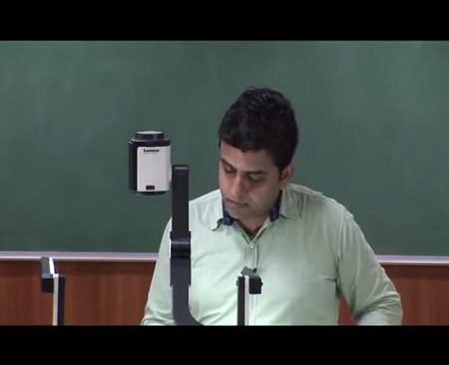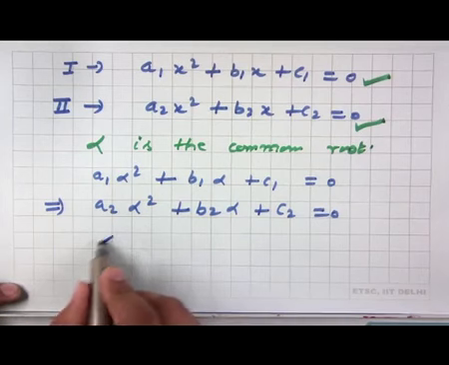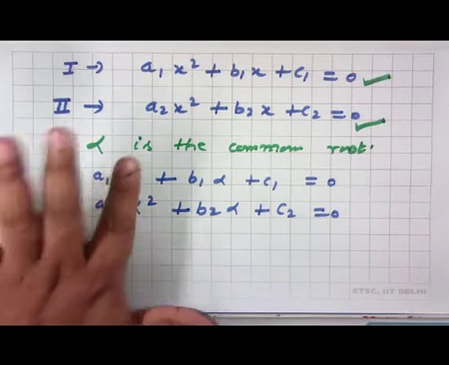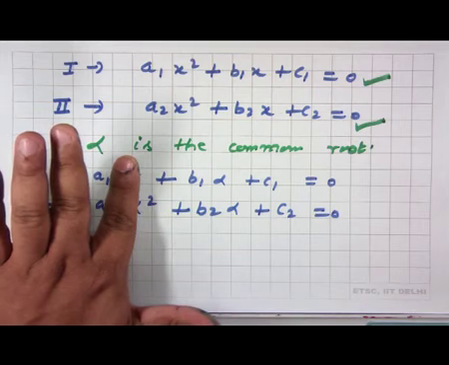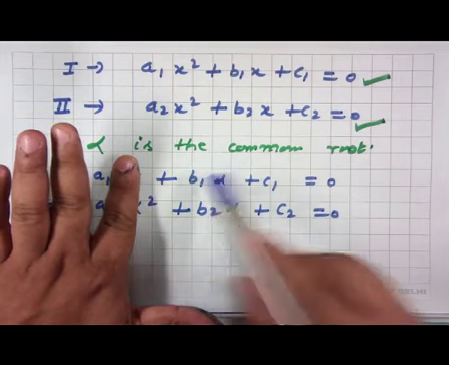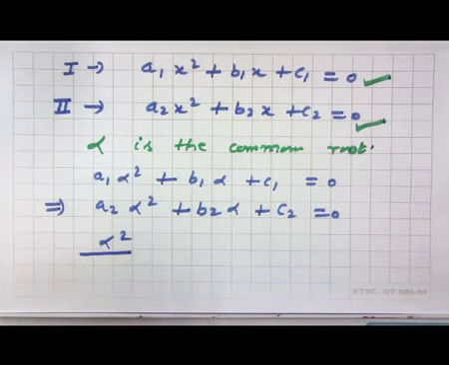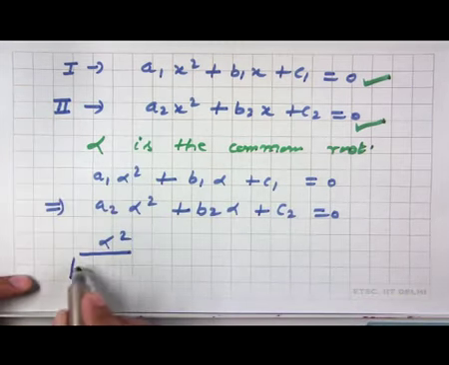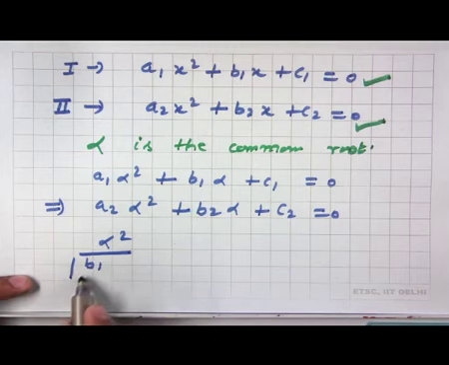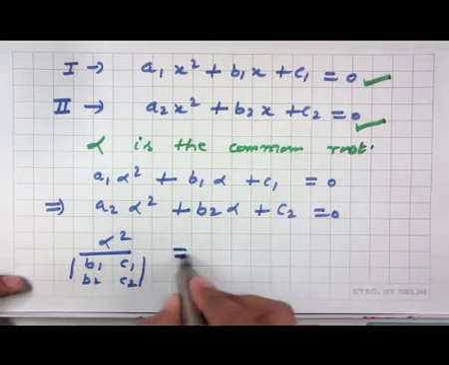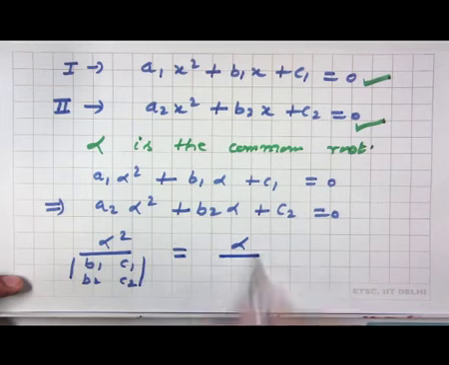Now, it will be alpha square. Now, try to hide alpha square. We can take b1 b2 c1 c2. The coefficient of alpha is b1 b2 c1 c2. Now, equal to alpha.